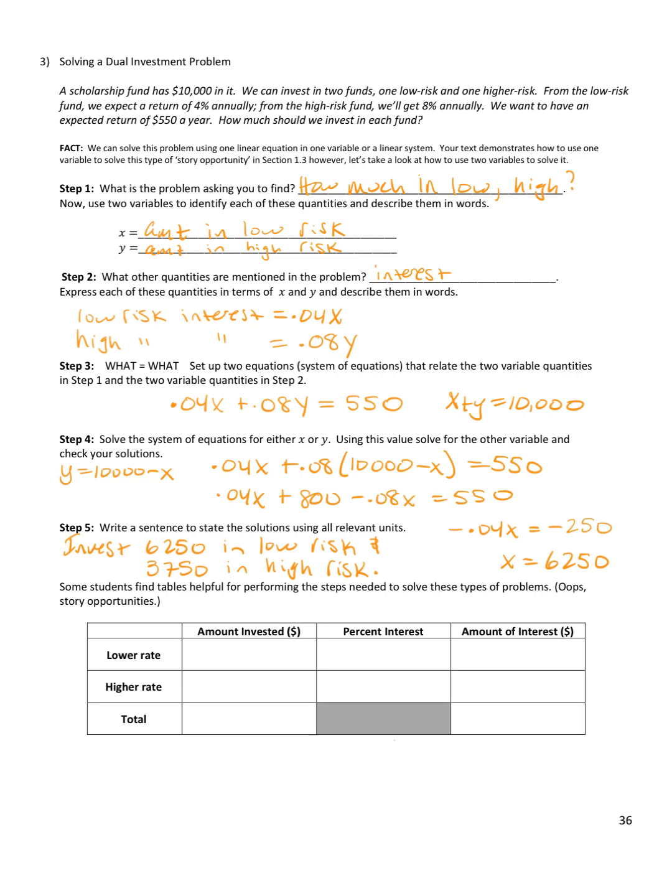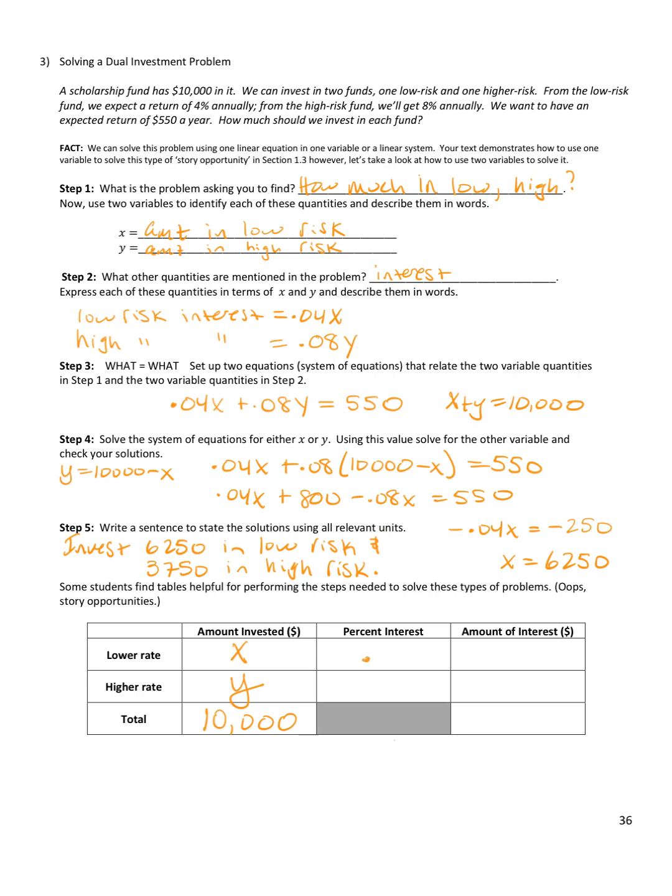Some students find this little table setup helpful for coming up with the equations here. So we have the lower rate fund, the higher rate fund, the total, the amount invested, the percent interest, and the amount of interest. So we just pick variables. We say, well, let x be the amount we invest at the lower, and y be the amount we invest at the higher, and the total invested is 10,000.